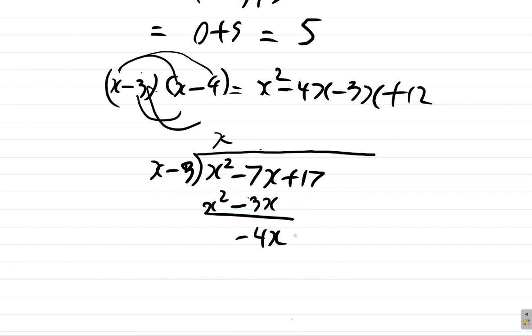Then 17 plus 0 is 17. We bring the 17 down. X into negative 4x goes negative 4. Negative 4 times x is negative 4x. Negative 4 times negative 3 is a positive 12. 17 minus 12 is 5. So you see there we have the 5 as the remainder. Alright?